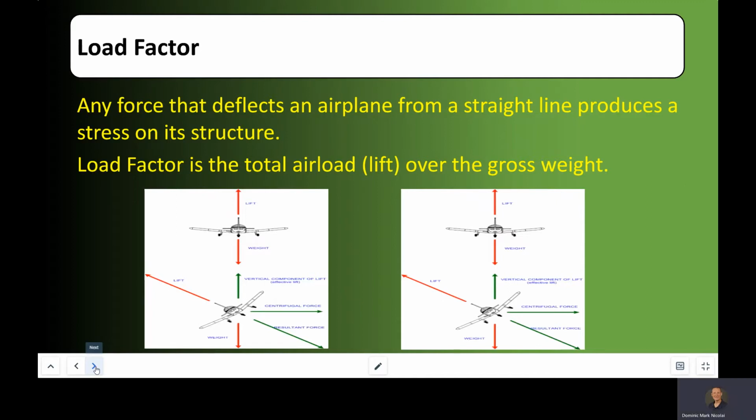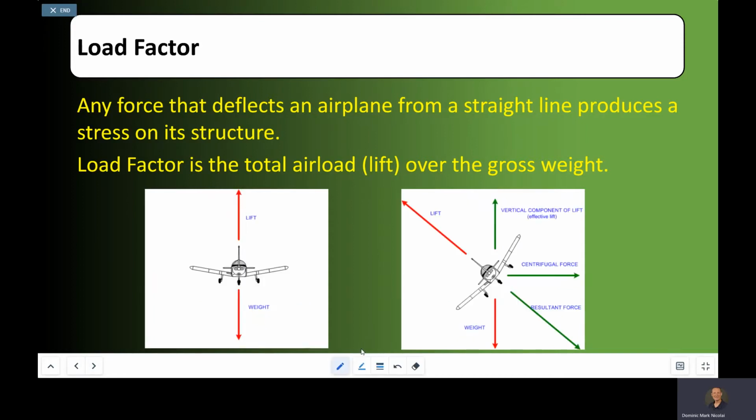When you roll into a level turn, we know that we roll, we coordinate with the rudder, but we also pull on the yoke. We know that the amount of lift developed, lift is always measured in a perpendicular fashion to the wing. But weight still remains in this vertical plane.